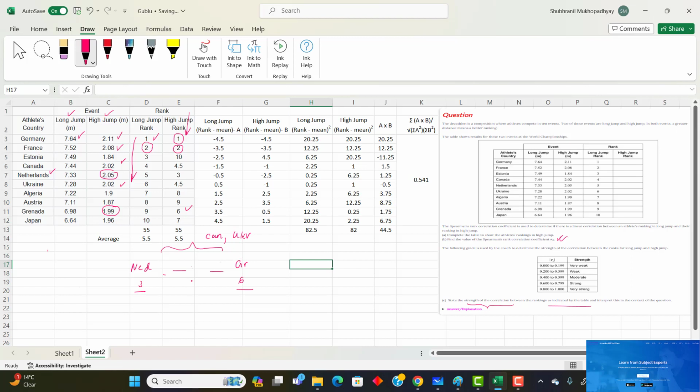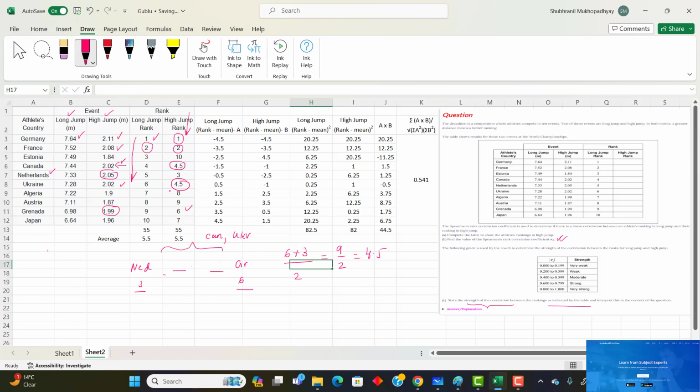Now, since the performance of Canada and Ukraine are the same, what we need to do over here is add the two ranks, 6 plus 3, and then divide it by 2, which will give you 9 by 2, that's 4.5. So you can see over here I have ranked Canada at 4.5 and Ukraine at 4.5 as well.